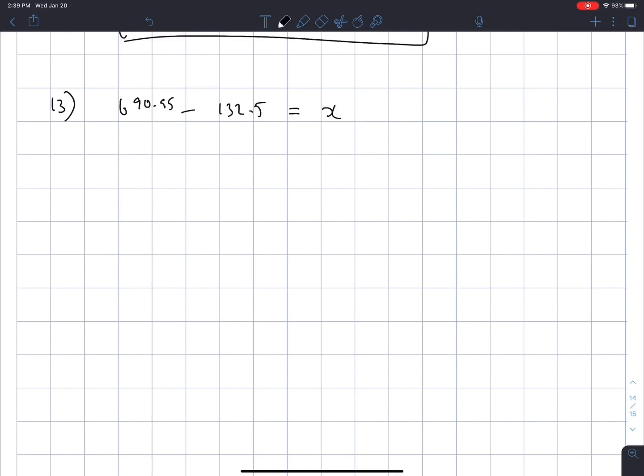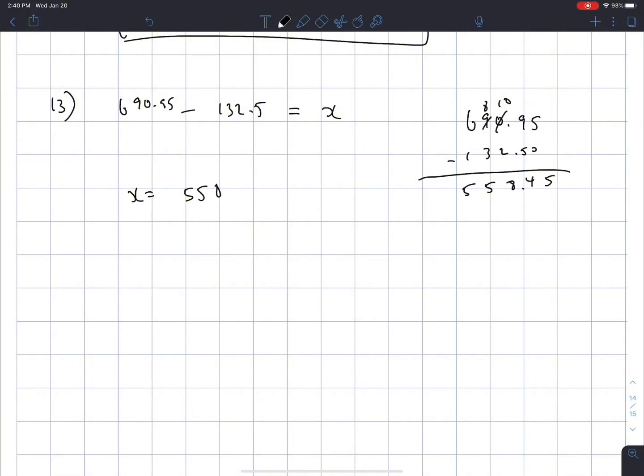Yeah, so we will just subtract them. I don't even need to do any algebra here. So now we can say that the January price is 558.45.